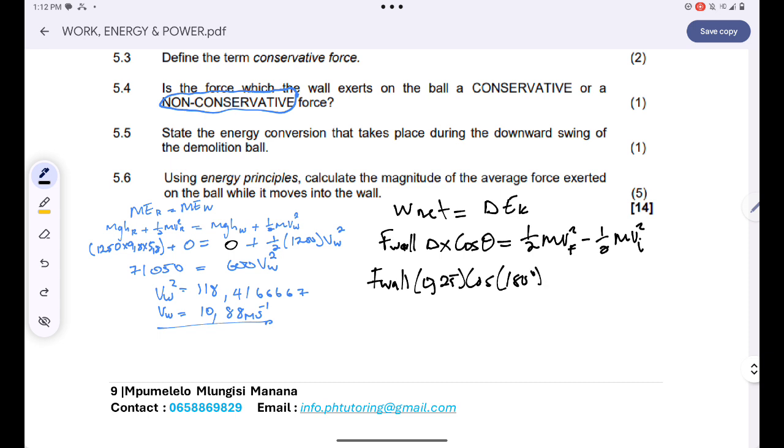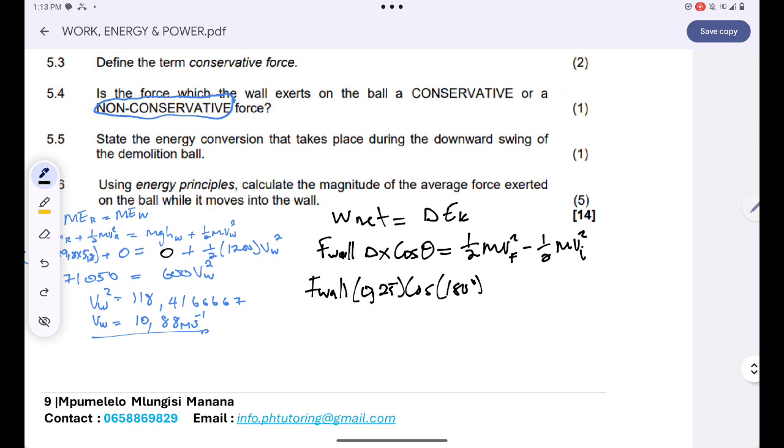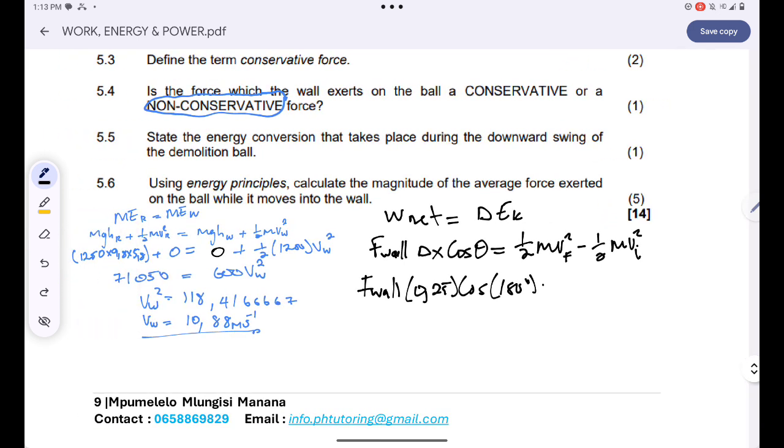Why? The ball is trying to push the wall towards the right, and the wall will try to push the ball towards the left. If body A exerts a force on body B, B will exert an equal but opposite force on body A. All right, together.